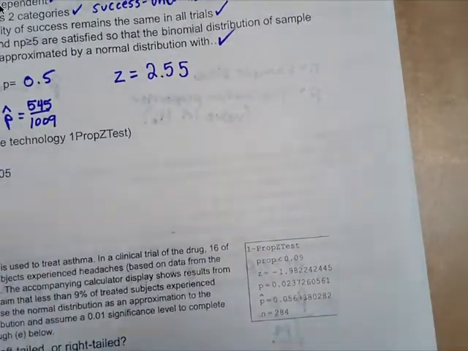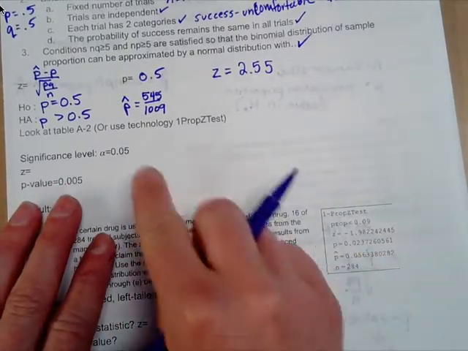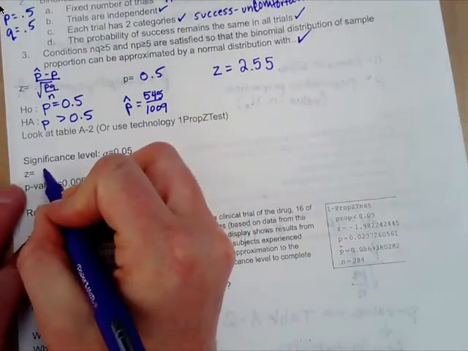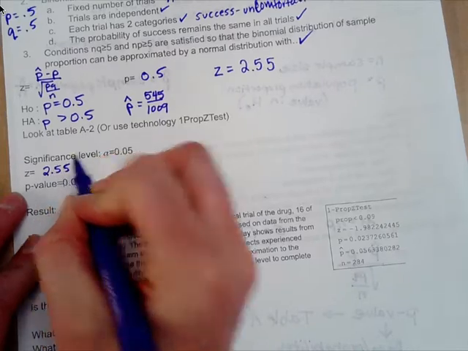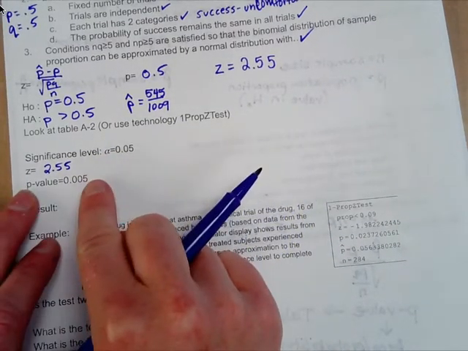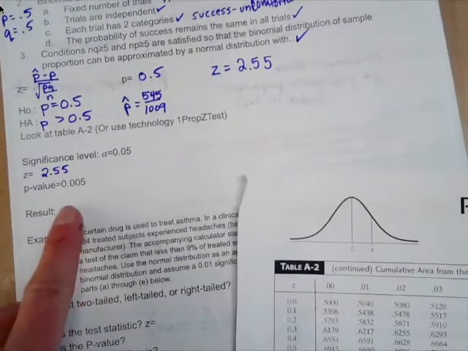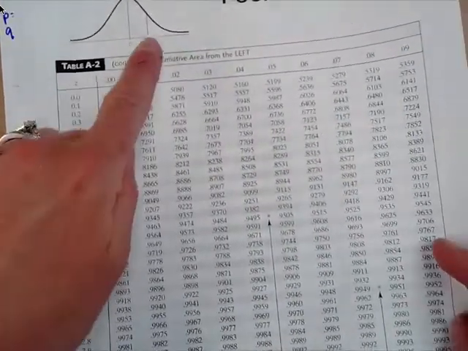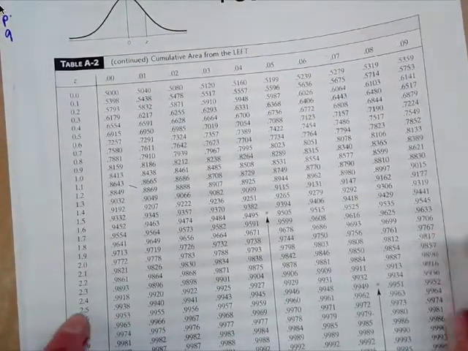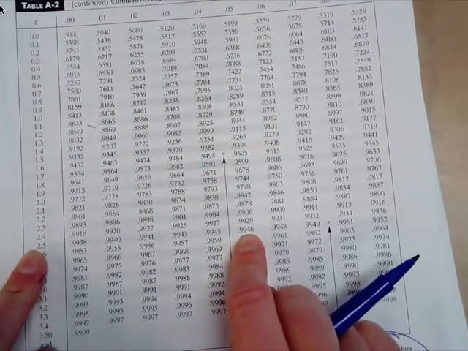So we're going to look at the table first, and then we'll look at technology. So we have a z of 2.55. We need to look at the p-value and compare it to our significance level. If we look here, 2.55, so we're on the positive side, 0.9946.